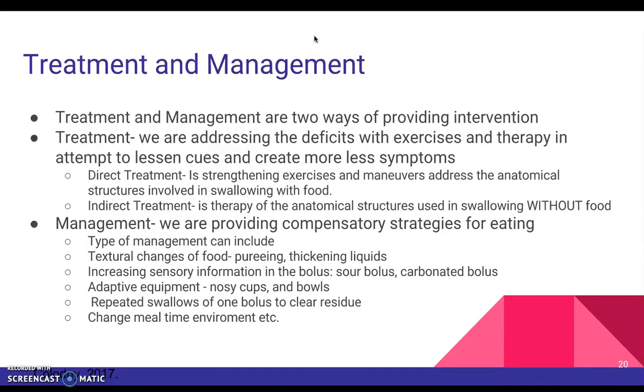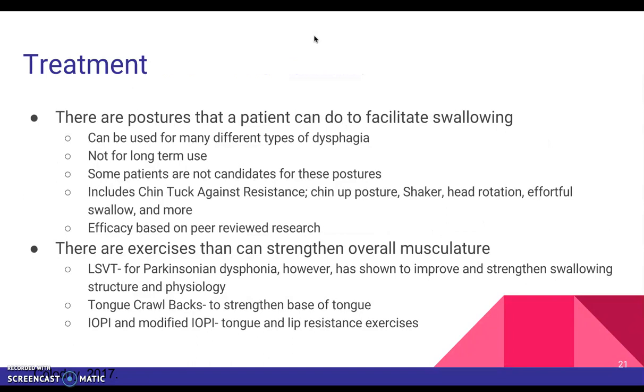One is more addressing the actual motor, trying to reduce the deficits, and one is just managing and offering compensatory strategies for the deficits. So there's treatments that we could do.